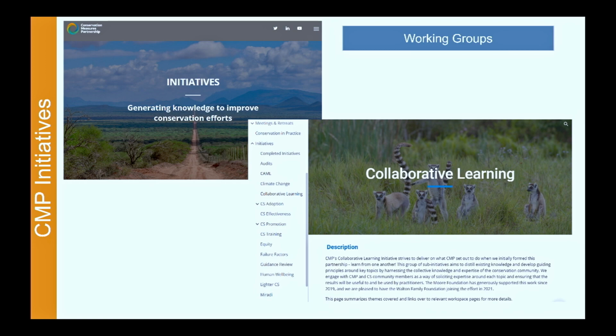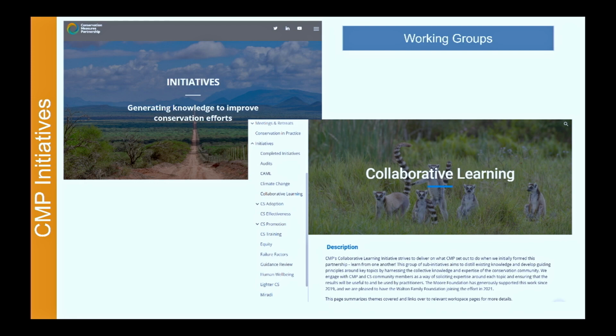So this, what we're calling our collaborative learning effort and these initiatives, they've been going on, we're in about the fourth year now of that, with some really generous funding support from Moore and others, so very much appreciated, because it really has helped us to accelerate some of this learning work.